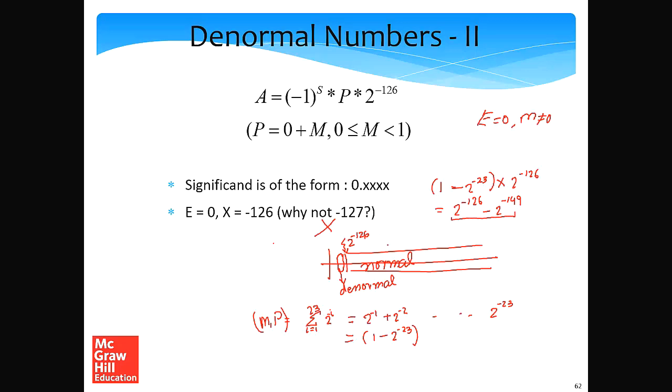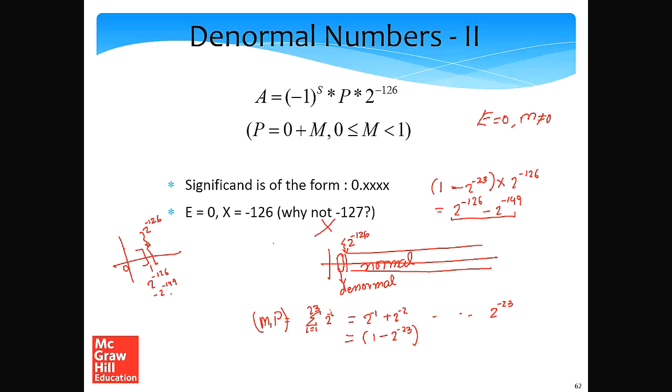If we take the number line, and this point is 0, the largest denormal number is at this point, and the smallest normal number is at this point. As we see, the difference between them is really small, 2 to the power minus 149.